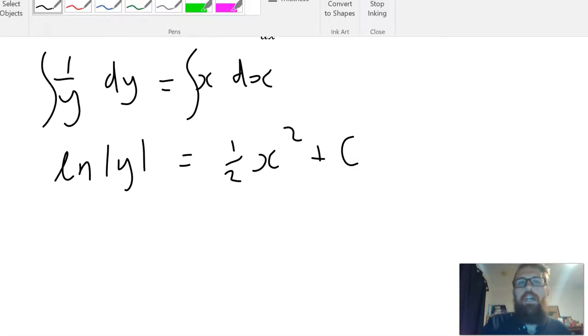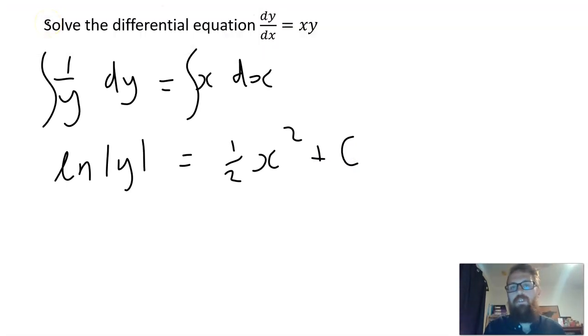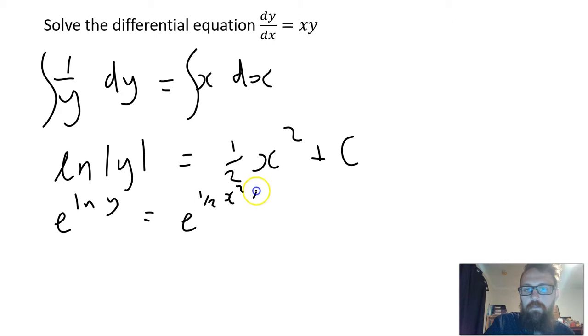Now we have to get y by itself, because we generally write functions as y equals. So if I put e to the power of ln y, and do that to the other side as well, e to the power of half x squared plus c.